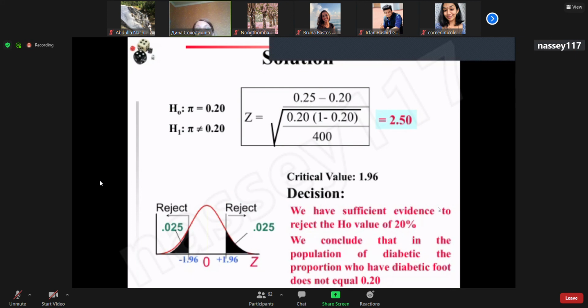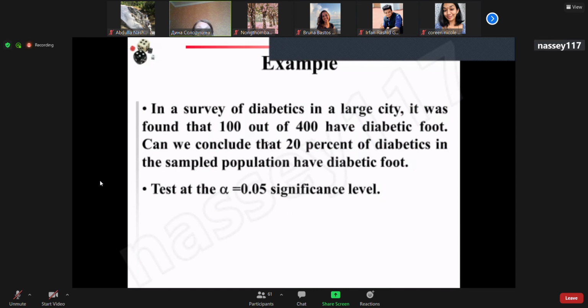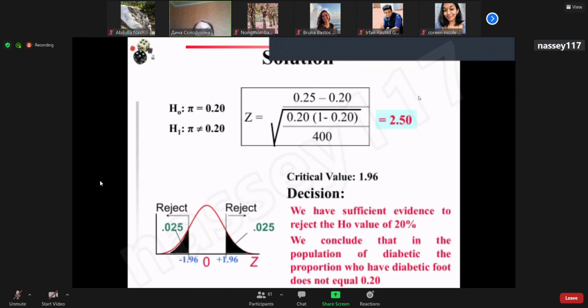We will take the formula, the calculation of Z. So the difference between our parameters in our case is 20%. So we calculate Z, which will be equal to 2.5. 2.5 is more than the critical value of 1.96.